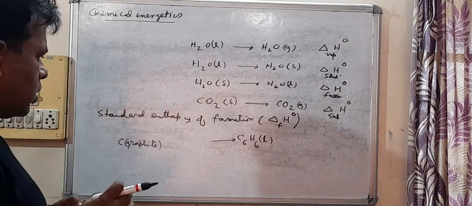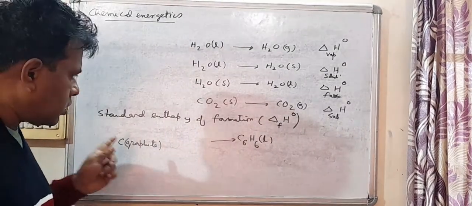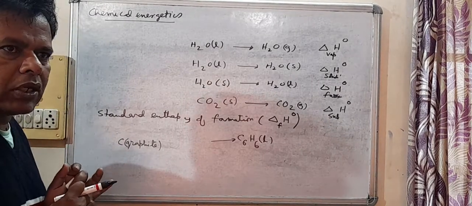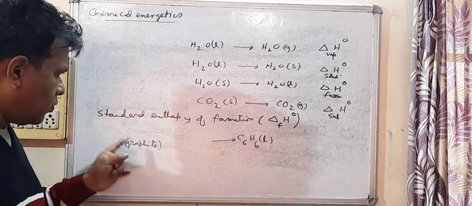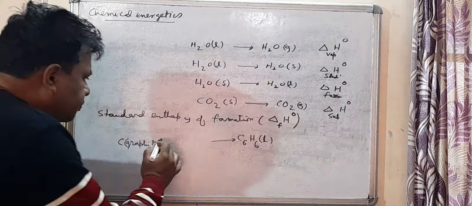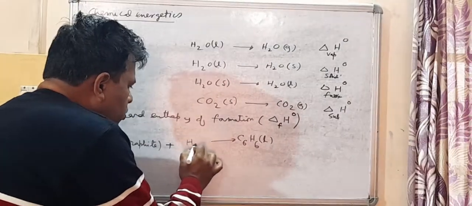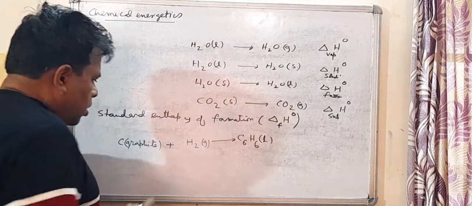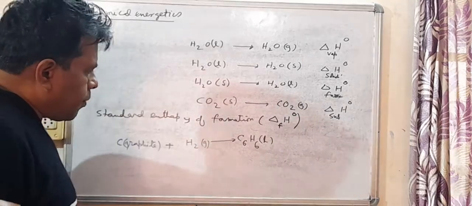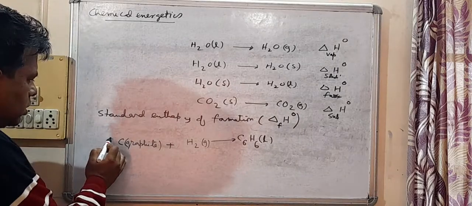Now you see there is another form of carbon, diamond, but we have to take the most stable state of aggregation, and which is graphite. So graphite, and what is the other element present? Hydrogen, which is gaseous, so this physical state has to be mentioned, and we have to balance this. Since it is 6, we write here 6.